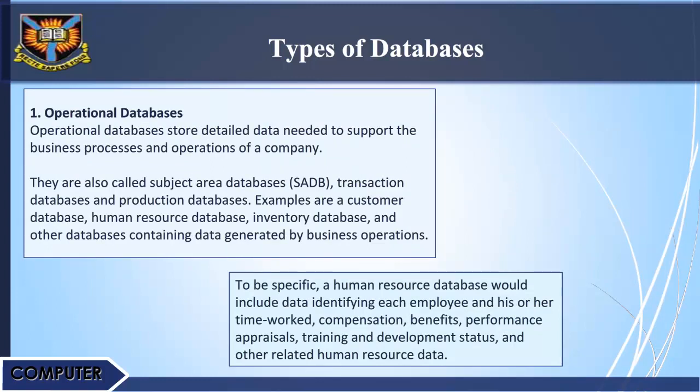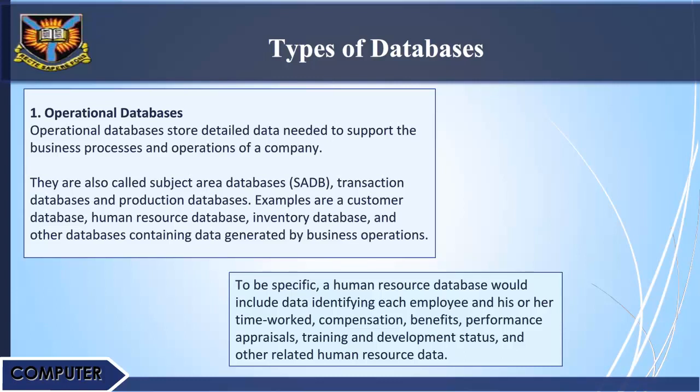1. Operational databases. Operational databases store detailed data needed to support the business processes and operations of a company. They are also called subject area databases, SADB, transaction databases, and production databases.